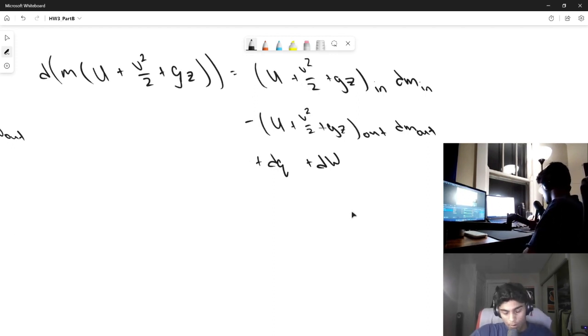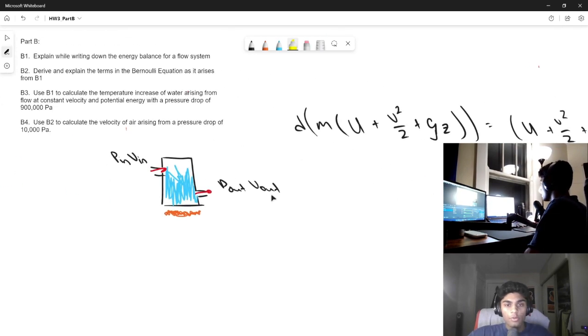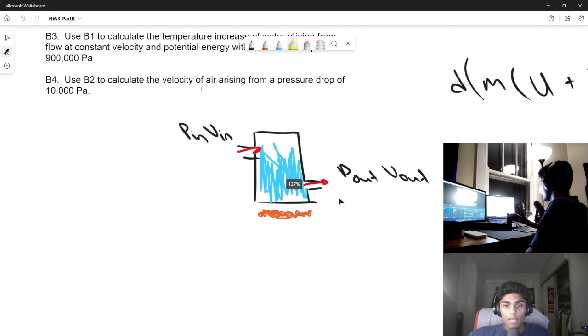So now let's take a look at this component here, our work component. Now, when we talk about work as it applies to this system we have here, we are looking at this component here where we have some amount of mass going in.